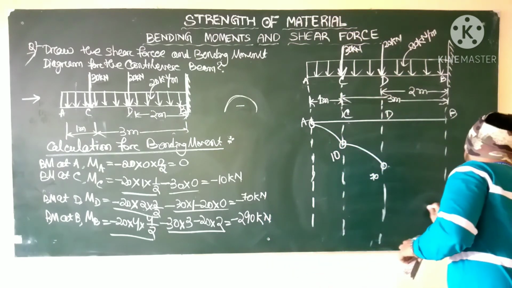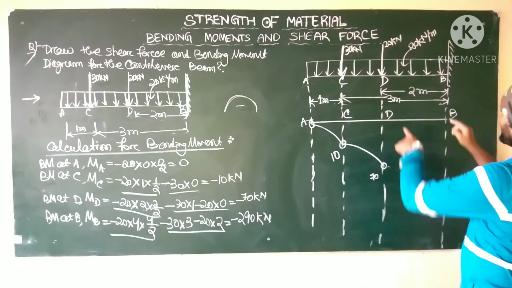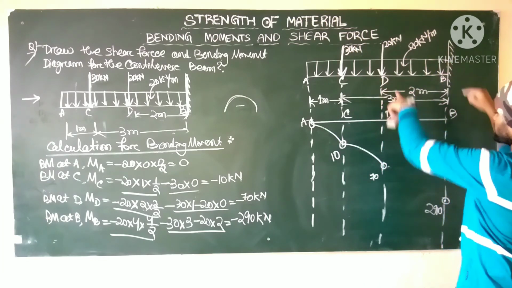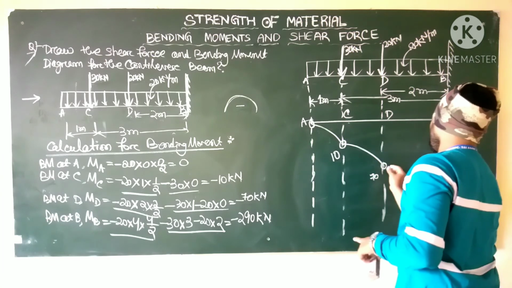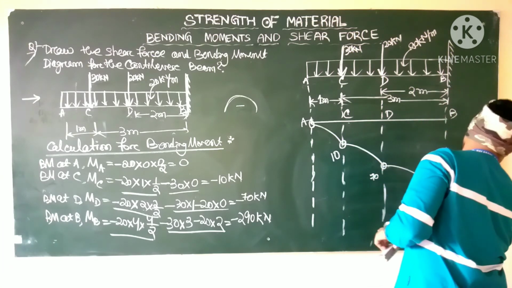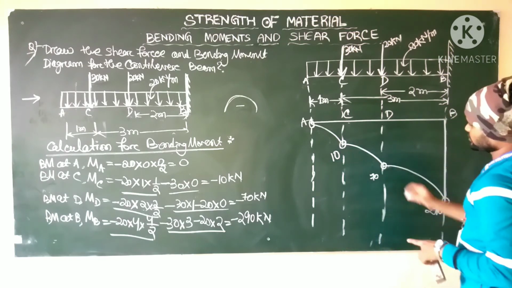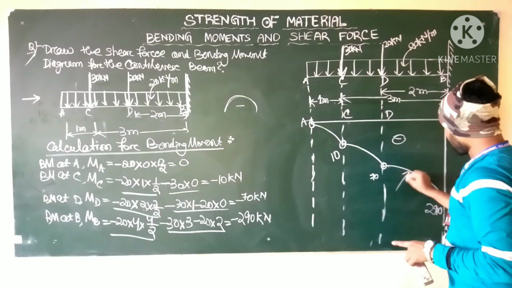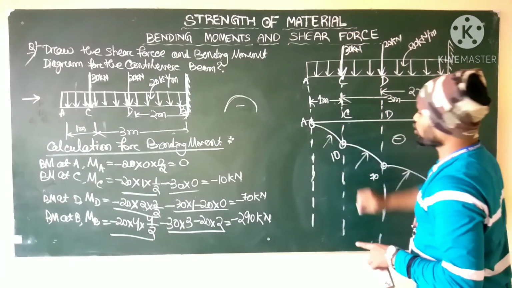Here minus 290. As between D and B UDL is there, if there is a UDL between 2 points, the bending moment diagram is a parabolic curve. The figure is like this, minus. These are parabolic curves.